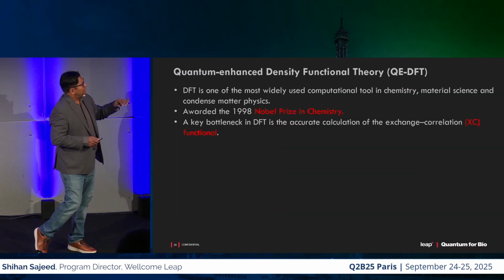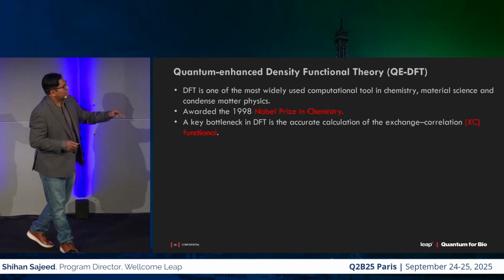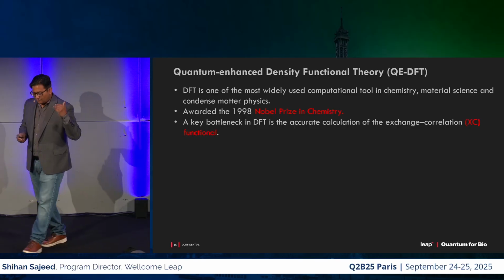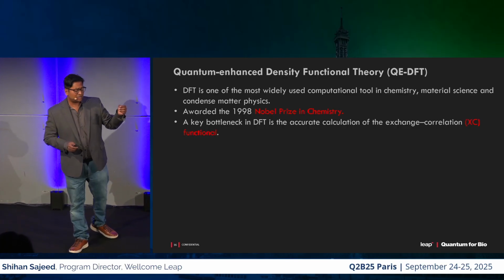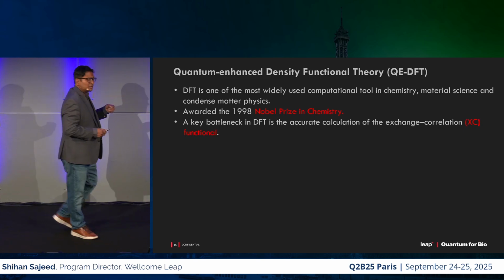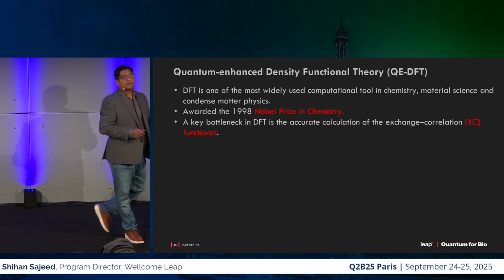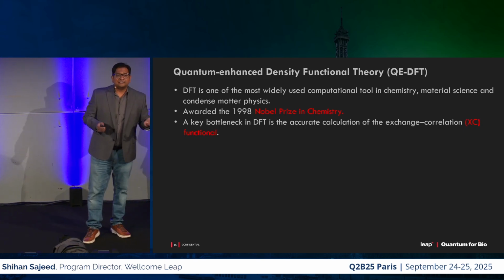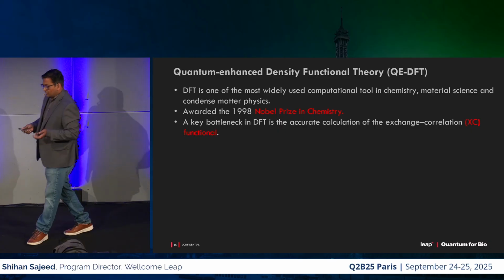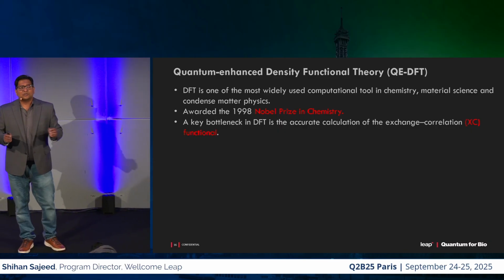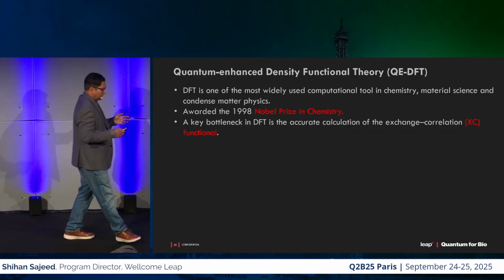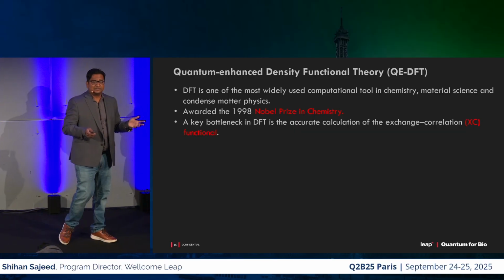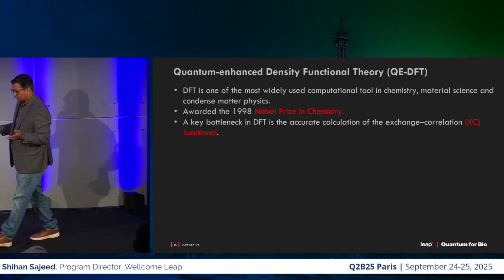But the difference between this team and the previous teams is that instead of going through the wave function solution way, like solving the Schrodinger equation, they are trying to use a quantum computer to boost the performance of DFT, density functional theory. We know density functional theory is one of the most widely used tools for chemistry and material science, and it in fact earned the Nobel Prize in chemistry.